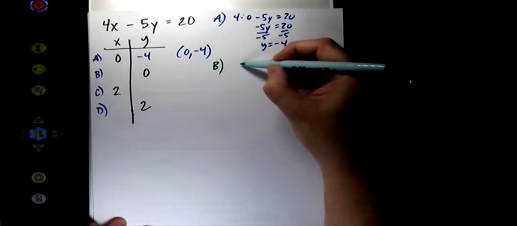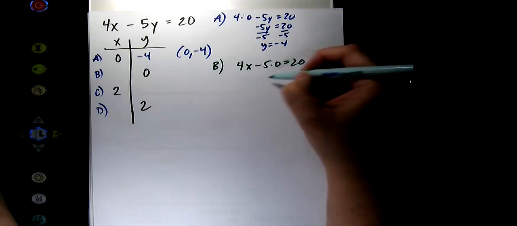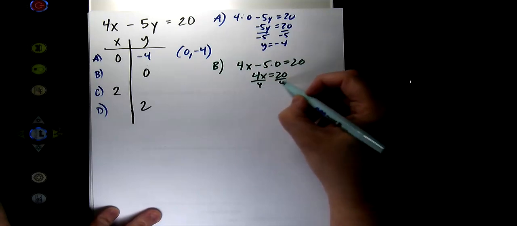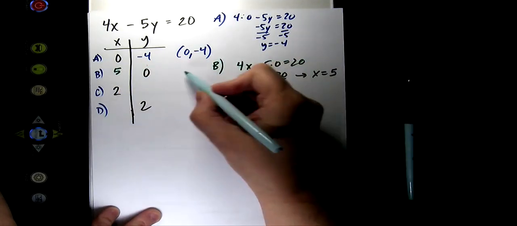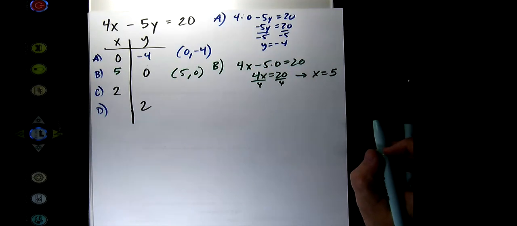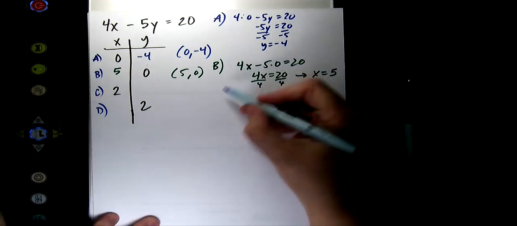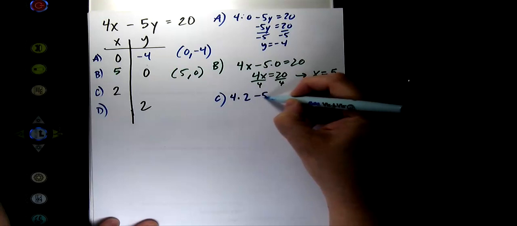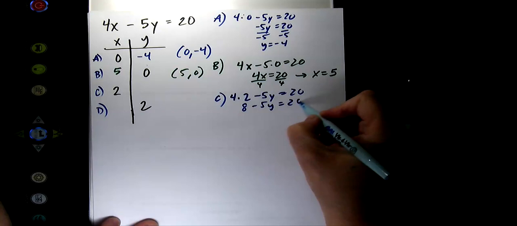Now we stick in y is 0. X equals 5. So I get 5, 0 for my ordered pair there. Then 4 times 2 minus 5y equals 20. 8 minus 5y equals 20.